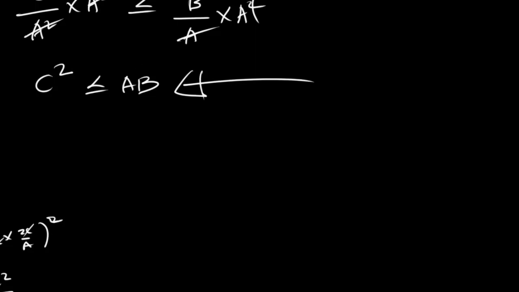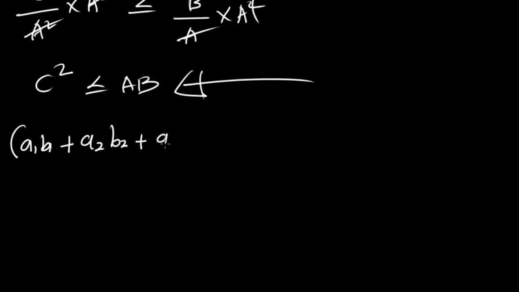Let me create more space by deleting this. So C squared, C is simply a1 b1 plus a2 b2 plus a3 b3 plus up to an bn, all squared.